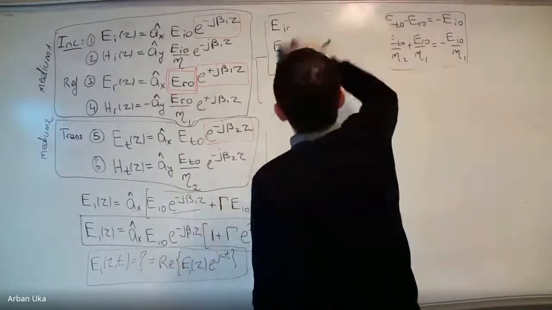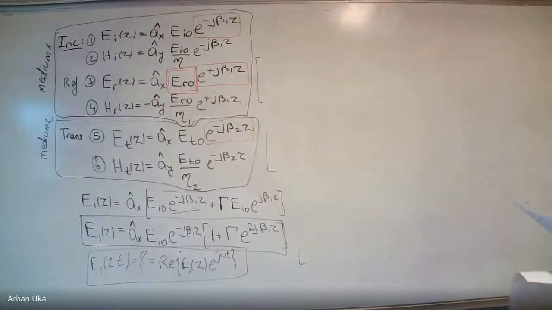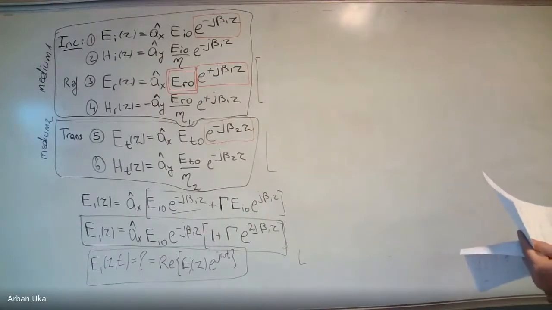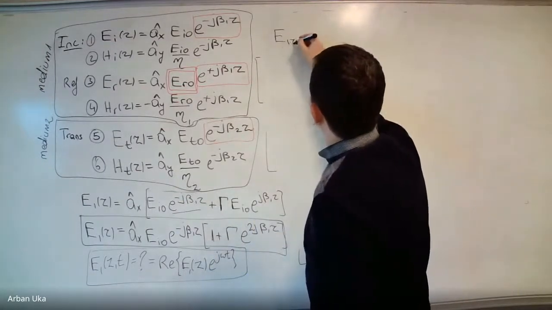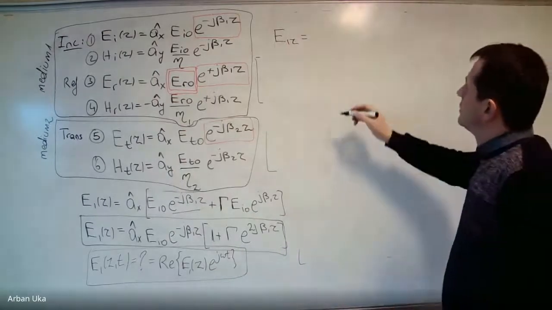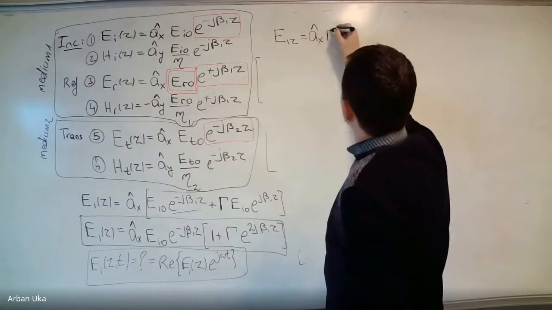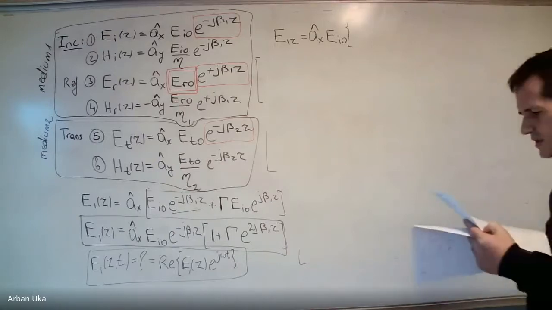Even these, and if we look at these terms, we can write this one as E1(z), and we continue like this: a_x times the amplitude of the incident wave, E incident amplitude, and then from this initial expression, let me see how we derive this one.